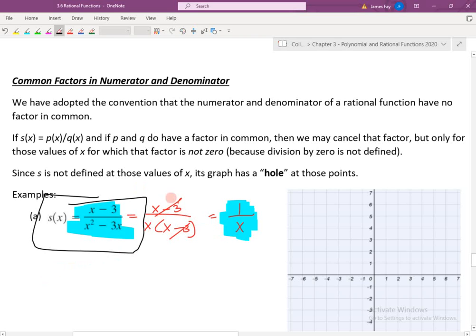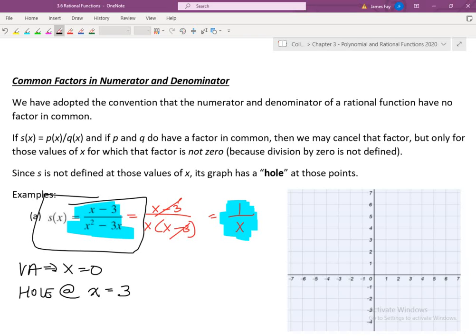So right now in this problem, when I factor it, we know we have a vertical asymptote at x equals 0, but now we also have a hole at x equals 3. That's why I want to change the way that we phrase what we do with that denominator.